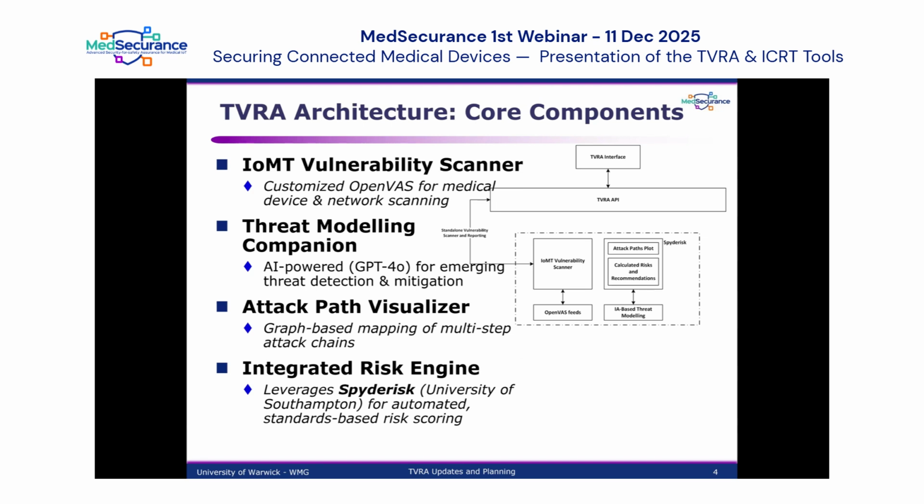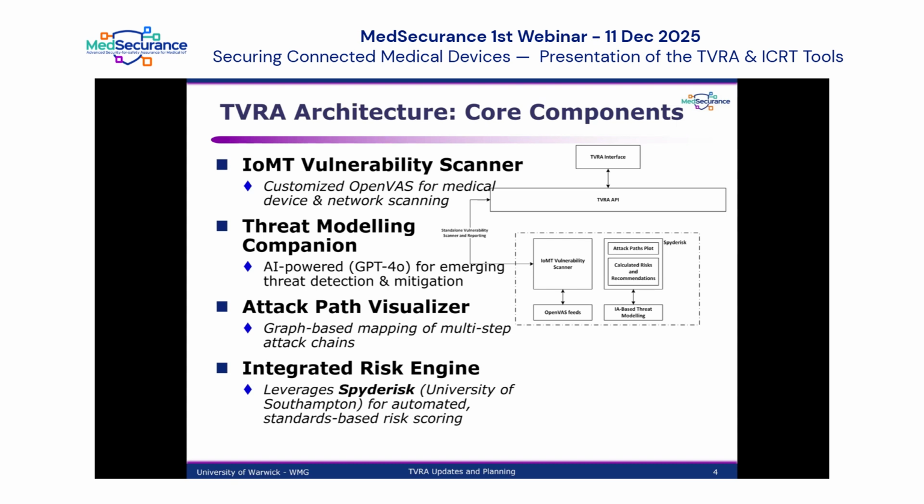And for vulnerability scanning, we are using an open source tool, OpenVAS, for medical devices and network scanning. This tool gives some idea about the vulnerabilities and threats, but we find that some of the vulnerabilities are latent and are not identified by the vulnerability scanner.